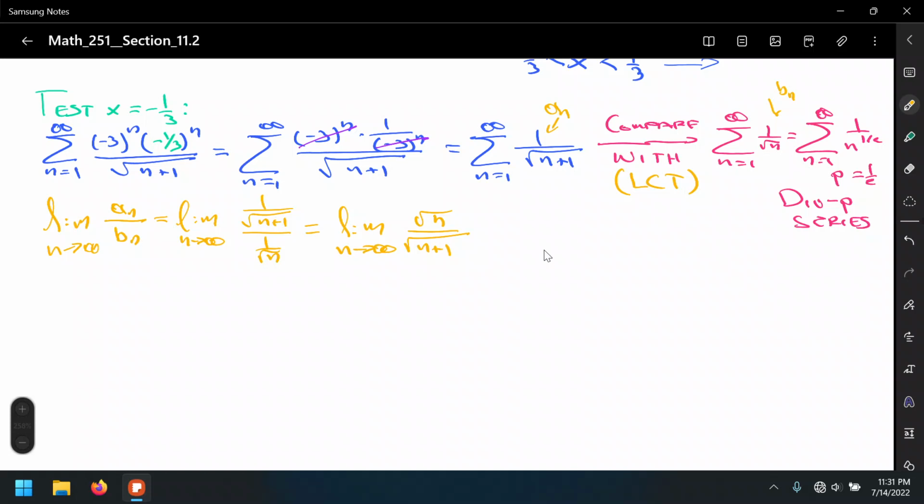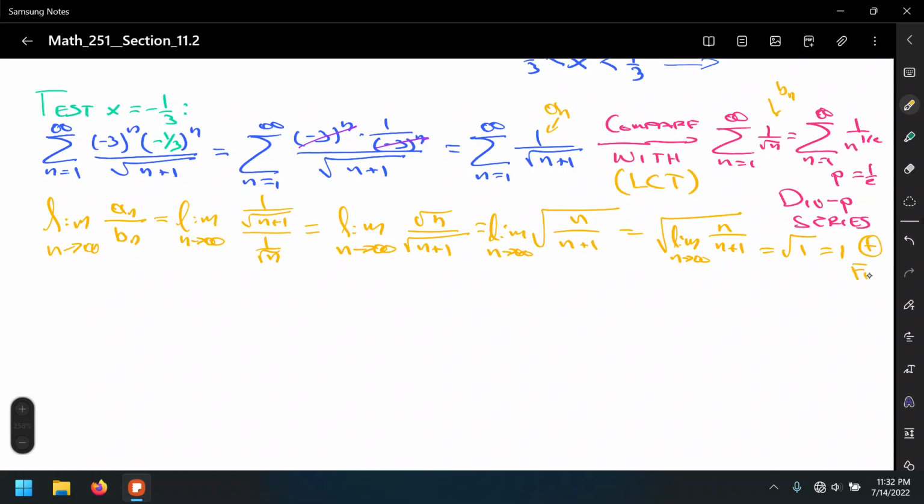The quotient of the radicals is the same as the radical of a quotient. Again, I'm going to introduce the limit symbol inside of the radical. And this limit is 1. So that's the square root of 1, which is 1. And what do we have?